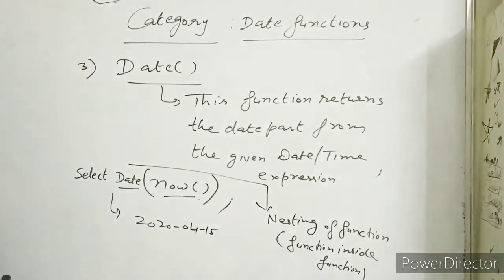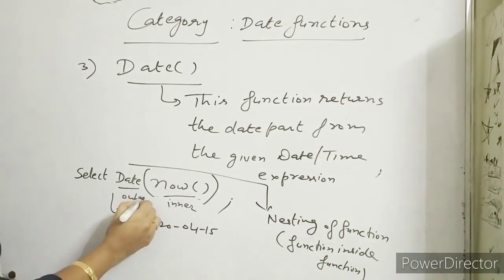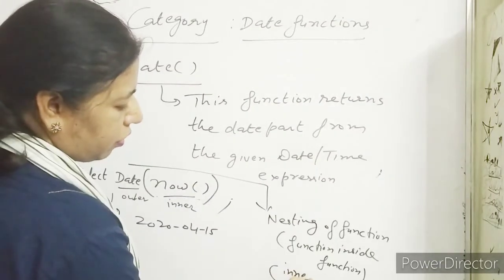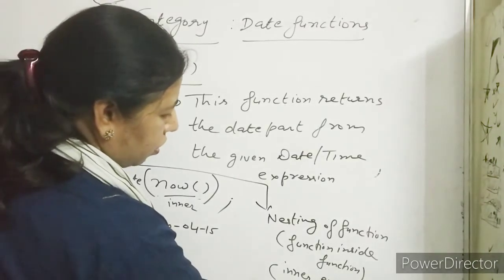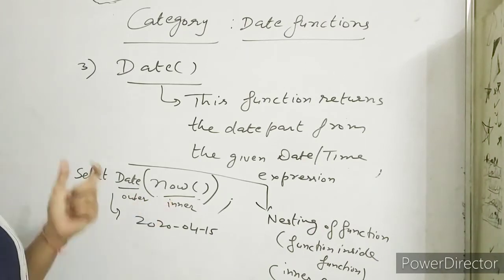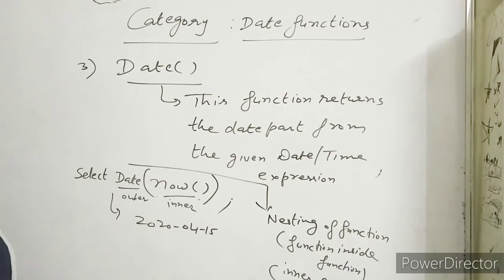Clear? This is my inner function. This is my outer function. Which one executes first? Inner executes first. It means first now will be executed. Now returns both date and time. Then the date function will execute and it returns only the date by trimming the time from that.